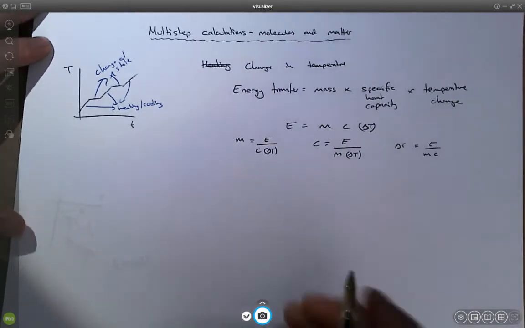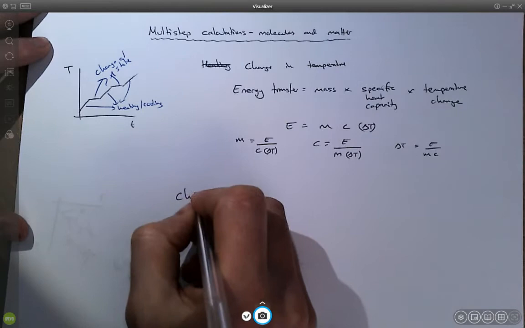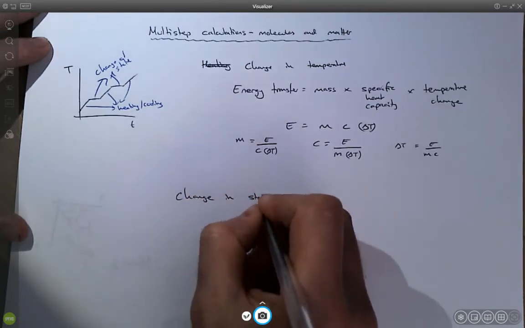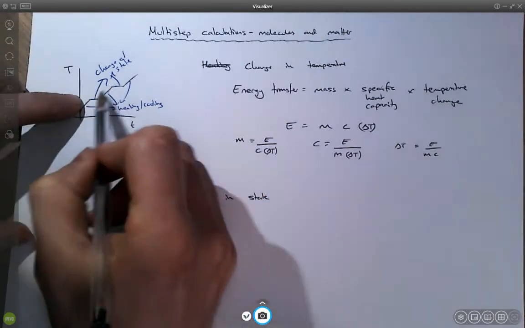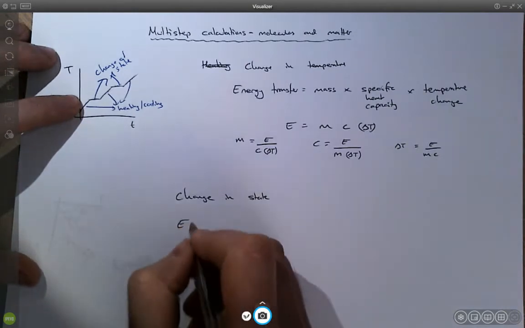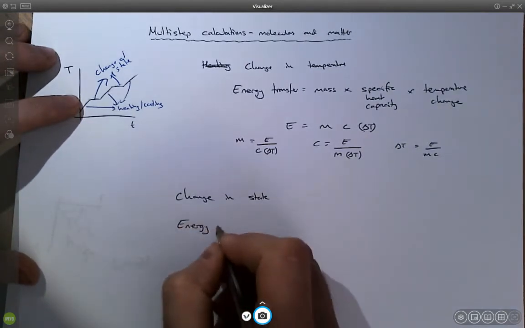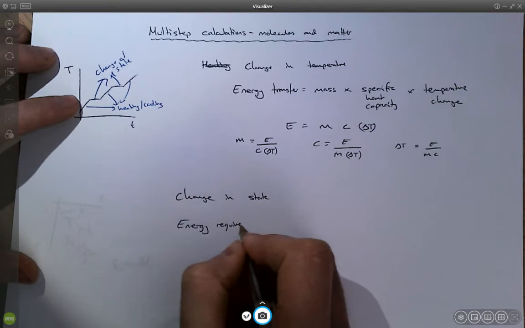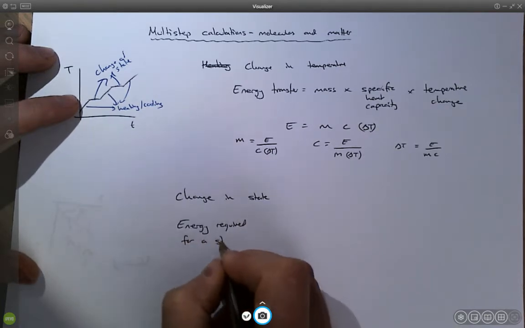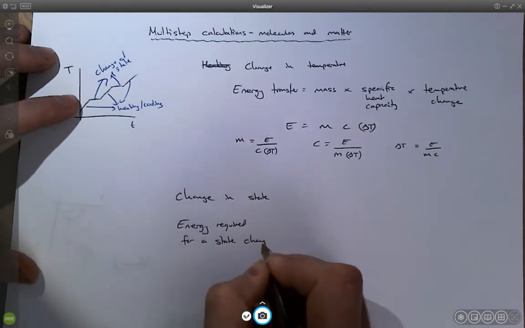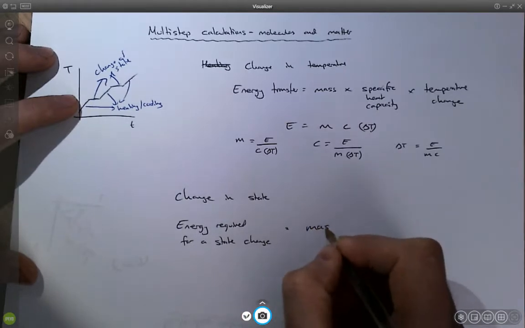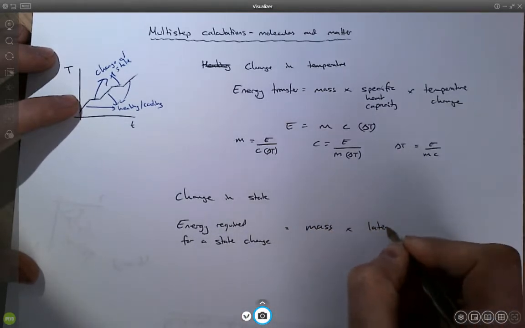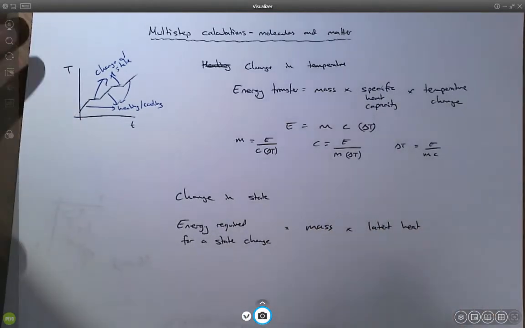The second concept is a change in state. So we're looking at these regions here, and the energy transfer or the energy required for a change of state is equal to the mass times the latent heat. So latent heat is the energy to change 1 kilogram of substance.